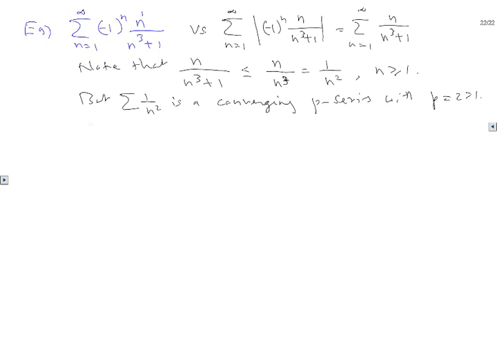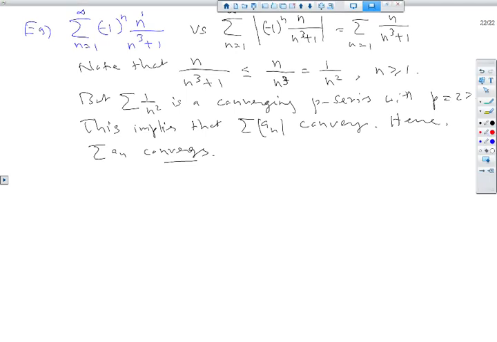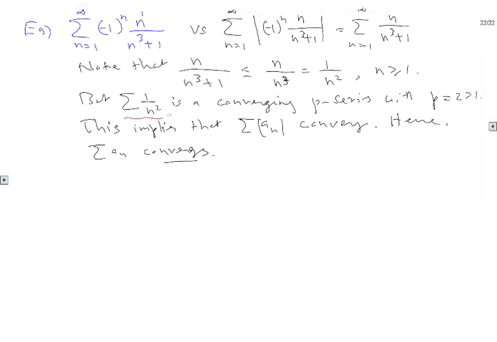So this implies that the absolute series converges. Hence, the original series converges. That's a simple argument. Here we use the absolute series: that converges, so that implies this one converges. Those are the kinds of problems that we can do using the absolute convergence test, or absolute convergence theorem.